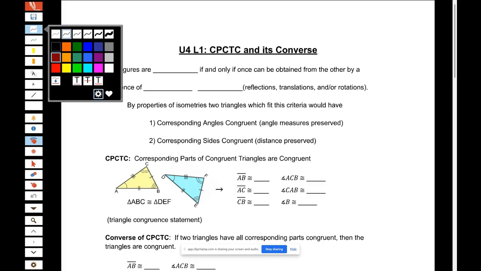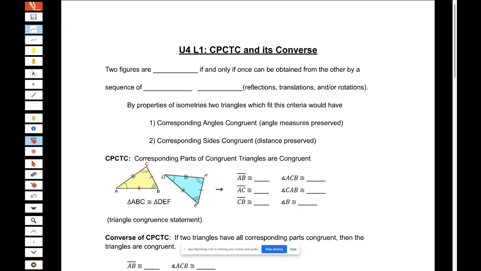So two figures, by definition, are congruent if and only if one of them can be obtained from the other by a sequence of congruence transformations. You could also answer this a sequence of isometries.